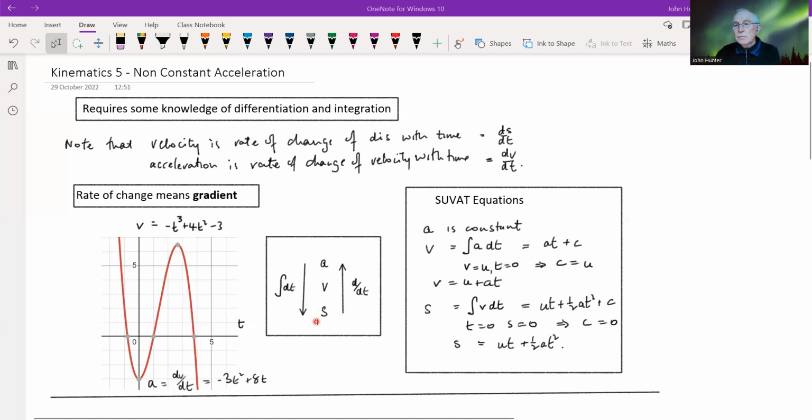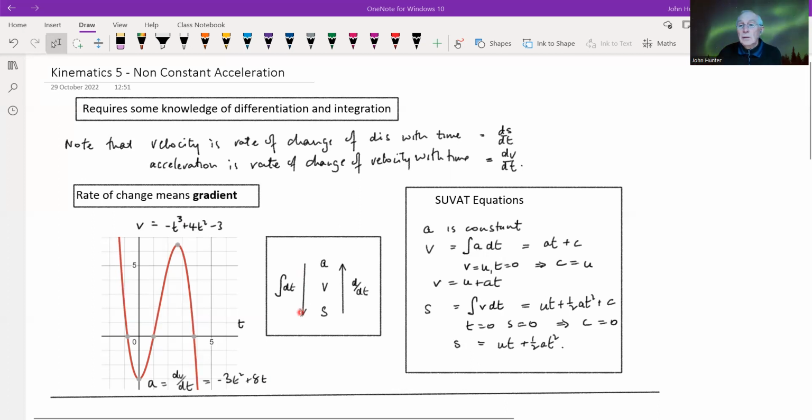So we can move between these functions and derive one from the other. The only thing we have to remember is, of course, when we're integrating, because we're doing the reverse process to differentiation, we're going to end up with a constant of integration.